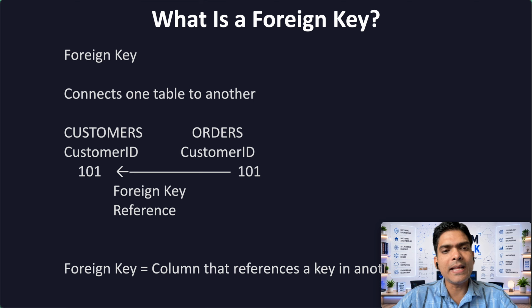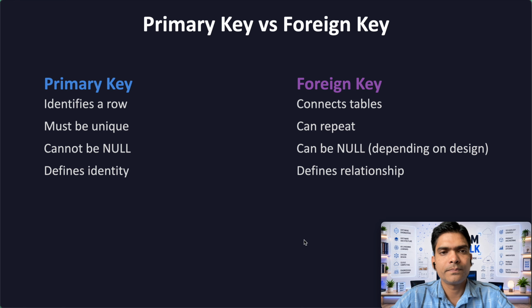The customer ID in the orders table can be a foreign key referencing that primary key. This tells the database that these records are related. In simple terms, the primary key identifies the record while the foreign key helps connect records between tables.